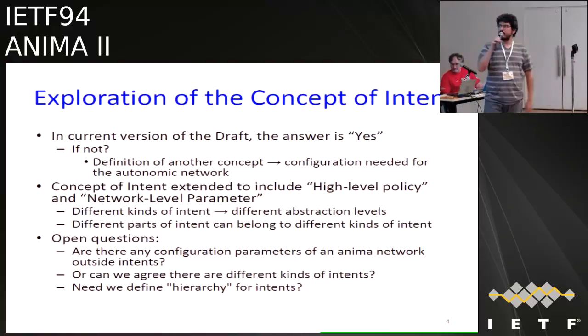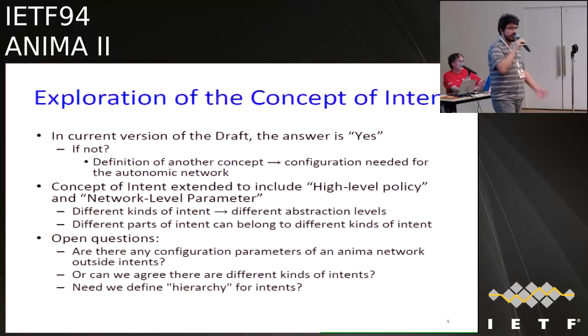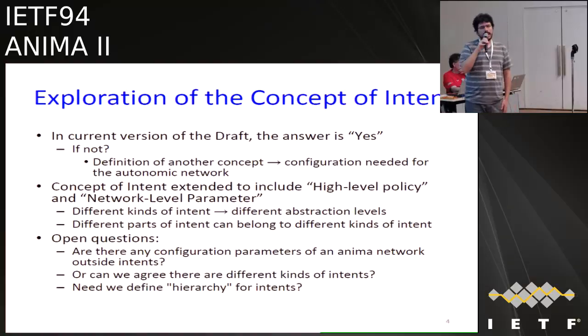Studying this use case, we came to the conclusion that it would probably be good to have two classes of intent, which are high-level policy intents and the network level parameter intents. They are mostly two different abstraction levels for intents, but this separation into different kinds also brings some questions.